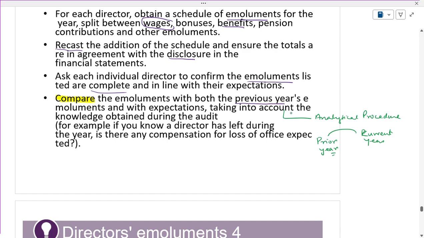If there are any huge fluctuations, automatically they will be reflected.